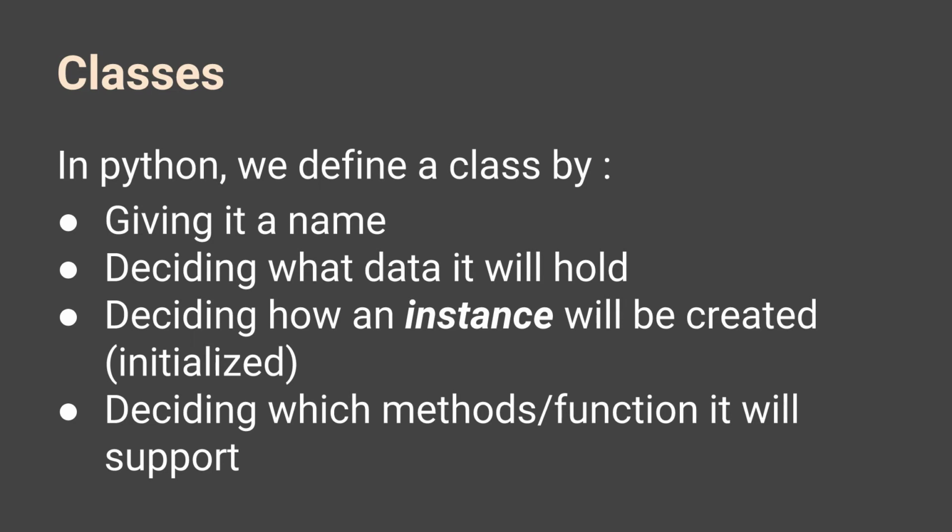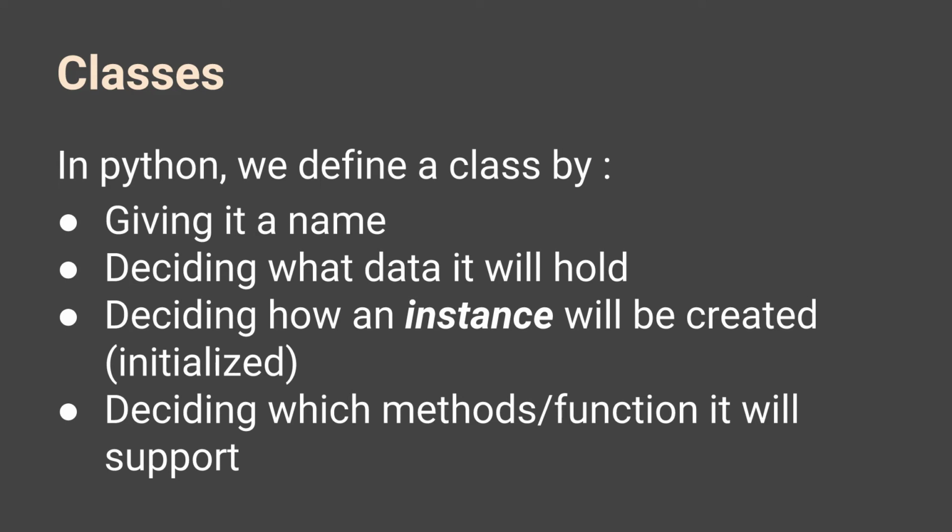So classes in Python. In order to define a new data type, a new class, first off, we're going to give it a name. And the naming rules for classes are the same as variables and the same as functions. So class names can't have spaces, they can't start with numbers. We should be deciding what data the individual class will hold. Remember, a class is a data type, and we might have many instances of that data type.